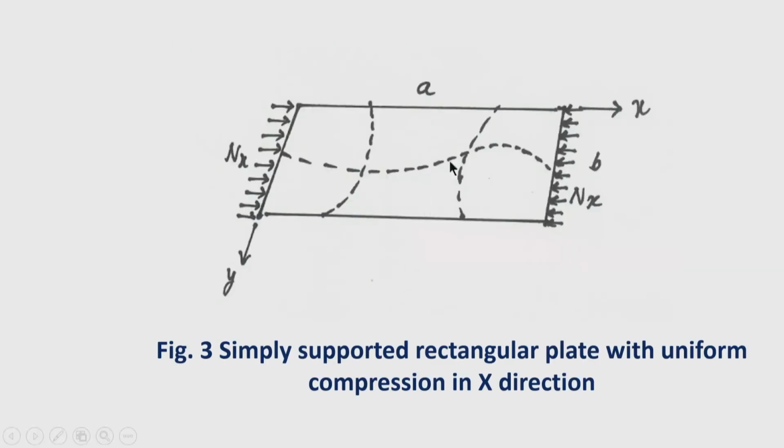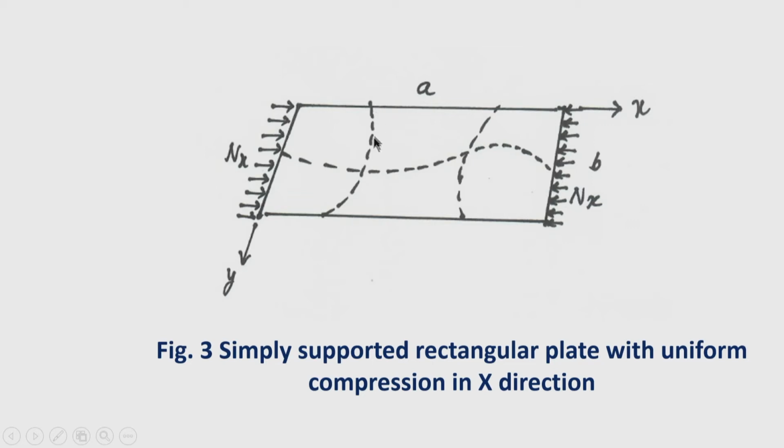Now, it is decided that in case of a simply supported plate, simply supported meaning all 4 edges are simply supported, and the in-plane force N x, that is the force in the x direction, is applied at the boundary, this compression, and it is constant. Okay. So, the number of half waves required to be formed for finding the critical load of such a plate is 1.